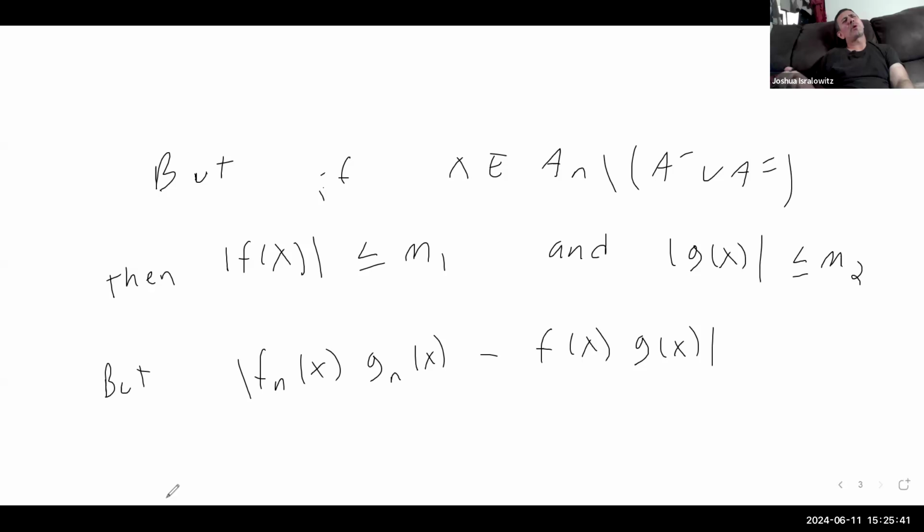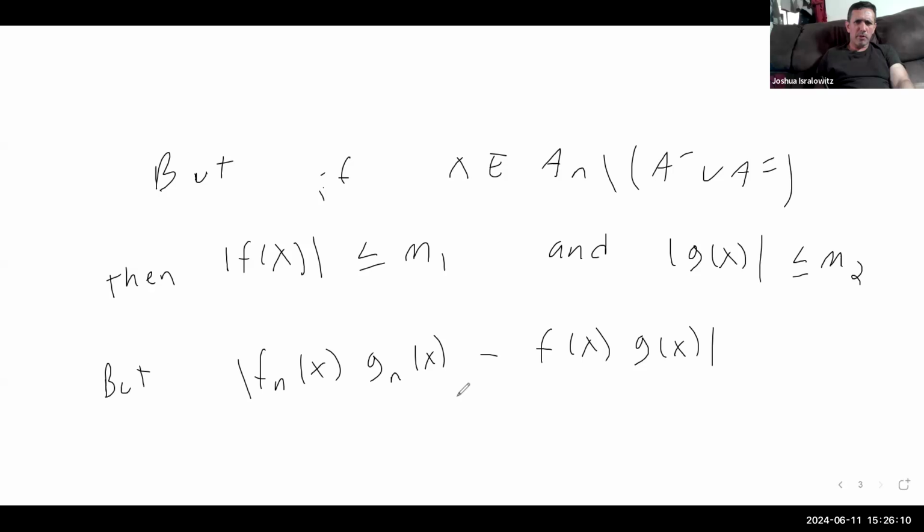For example, showing that the product of uniformly convergent sequences of functions is uniformly convergent, you need to assume one of them is bounded, uniformly bounded. There's basically the same kind of thing going on here.